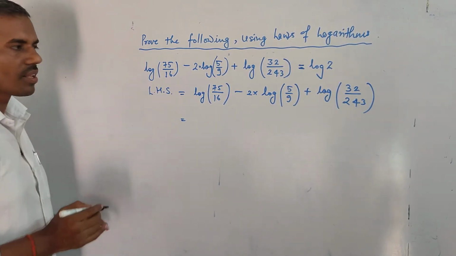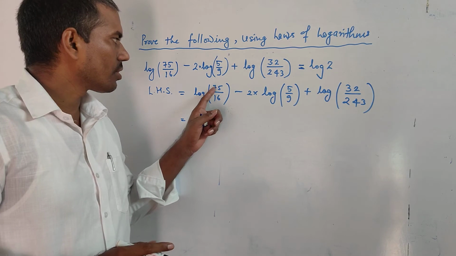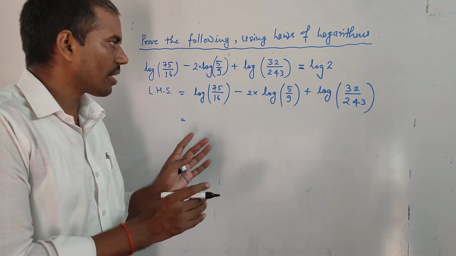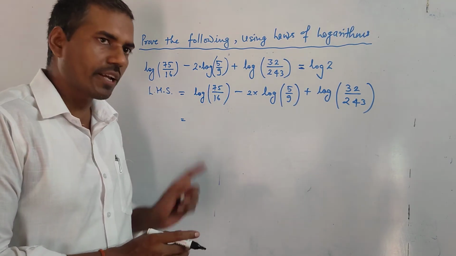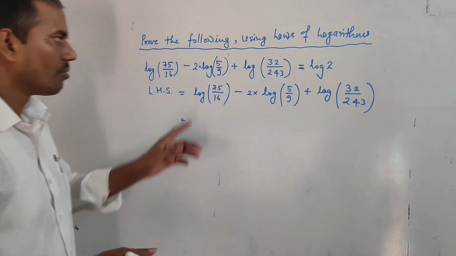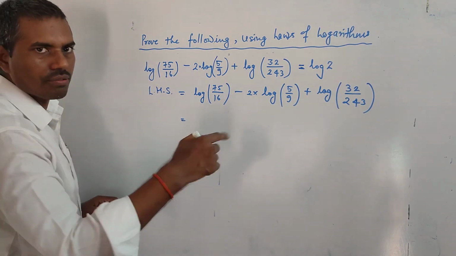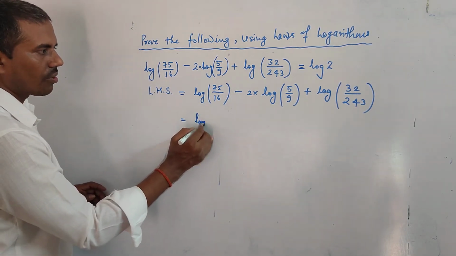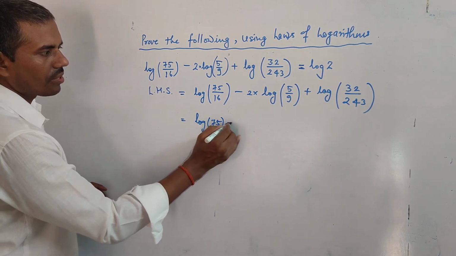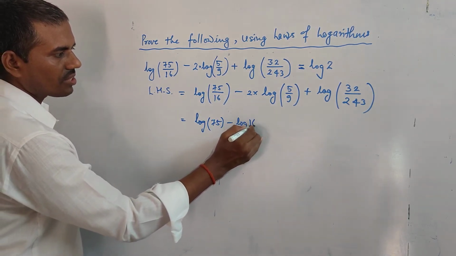Log of 75 upon 16 is of the form log of m by n, so using the law of quotient we can write it as log of 75 minus log of 16.